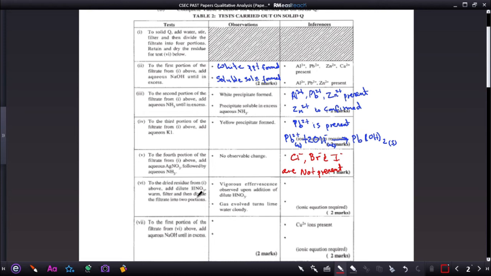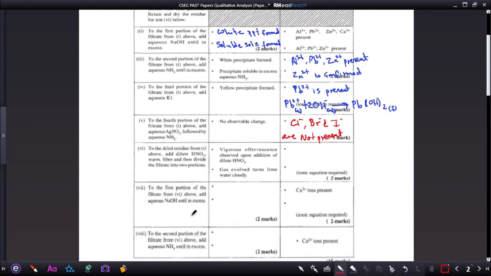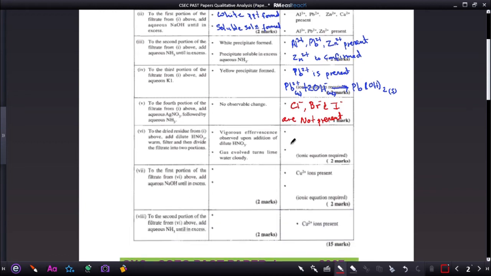To the dried residue from I above, add dilute nitric acid, warm, filter, and then divide the filtrate into 2 portions. So here we have a vigorous effervescence observed from the addition of the dilute nitric acid, a gas evolved which turns lime water cloudy.